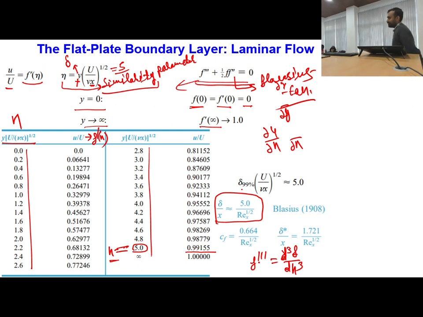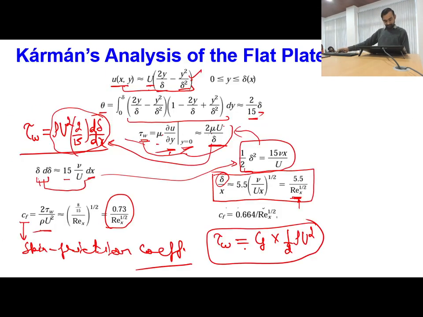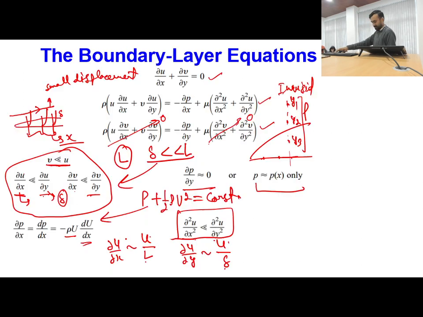Is this point clear? That's why Karman's momentum integral theory was giving us 10% accuracy in terms of the exact solution. And if you calculate the skin friction coefficient, it will be 0.664 by square root of Rex. How much was it from the integral equation? 0.73 by square root of Rex. So here also almost 10% deviation is there.